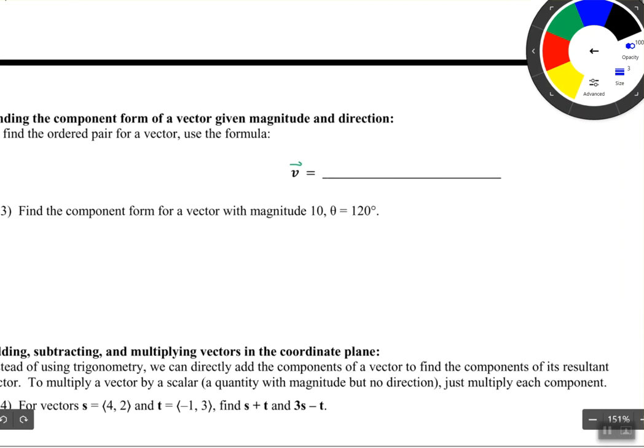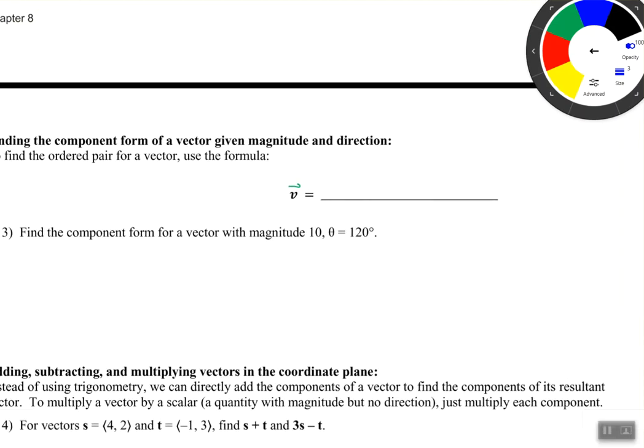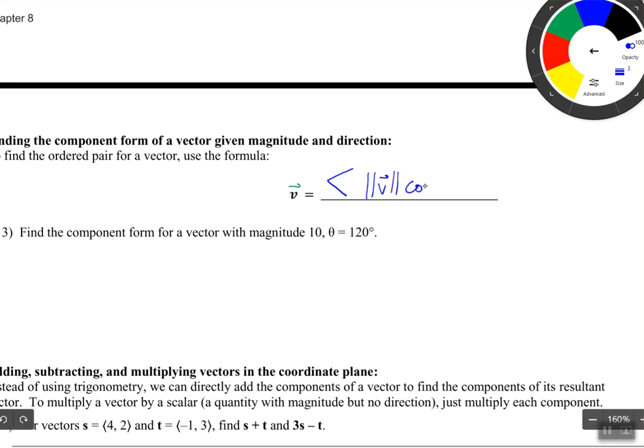So the way it works is there are these unit vectors, and we have to multiply the magnitude of the vector by the cosine of the angle. So let me show you what's going on. So I got magnitude of the vector times cosine of the angle.